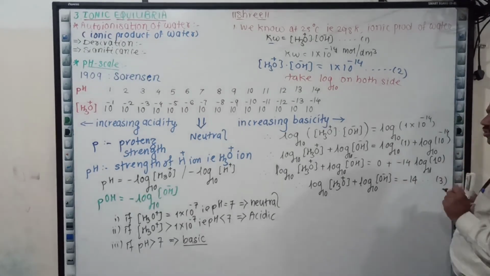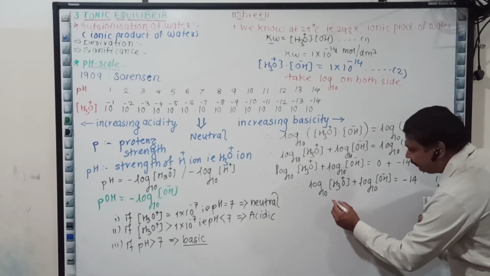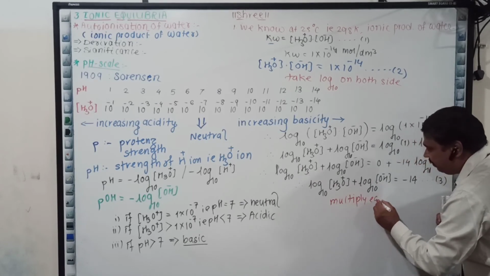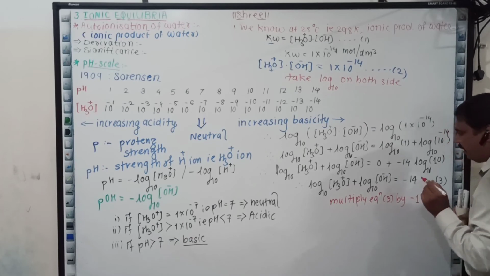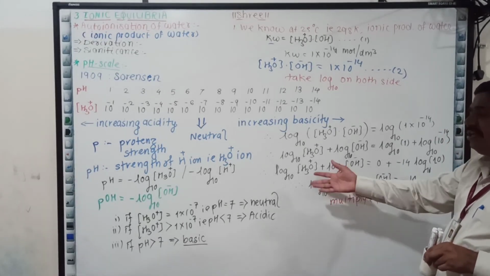Equation number 3. Multiply above equation by minus 1. Multiply equation 3 by minus 1. Above equation ला minus 1 ने multiply करा किंवा तुम्ही असं पण म्हणू शकता reverse the sign.